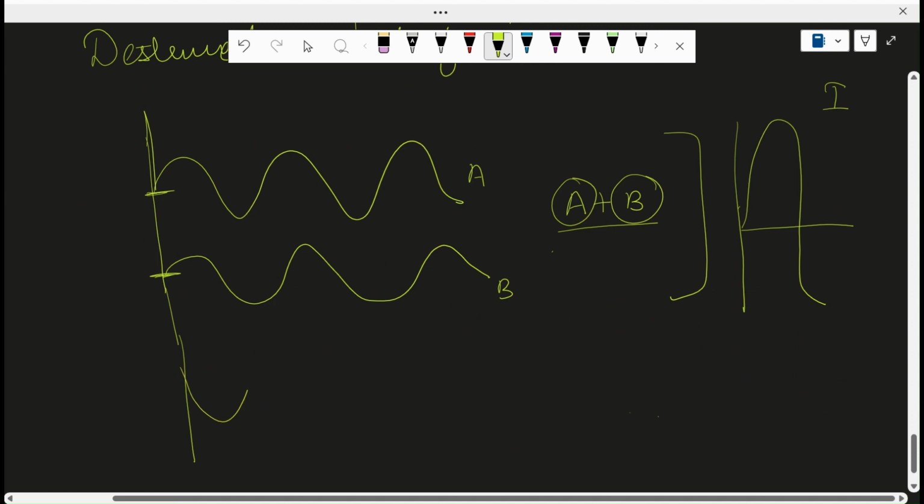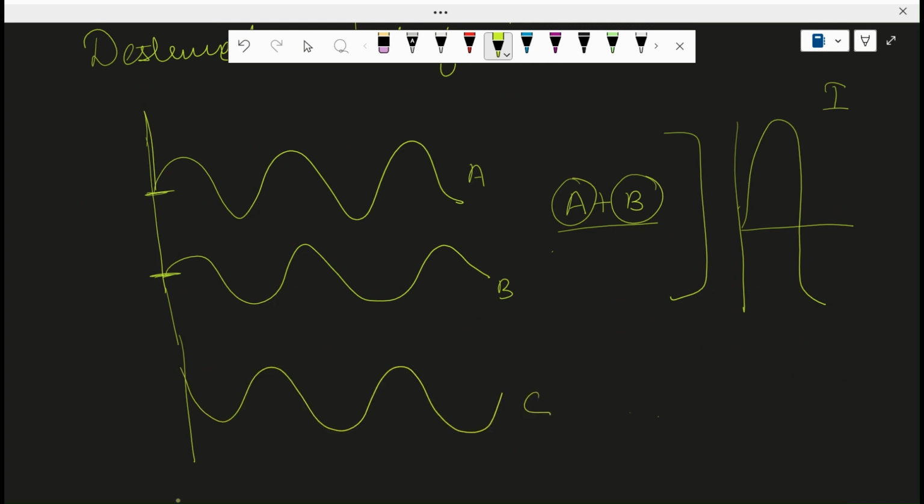Similarly, if this is another wave, right? Here we can see there is a difference in phase, right? When this was here and this was here, this wave had some angle phi, which it obtained here.